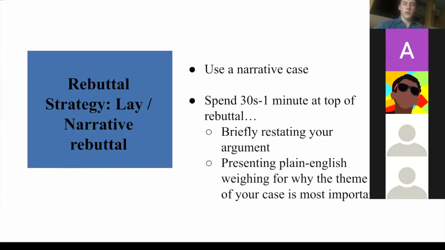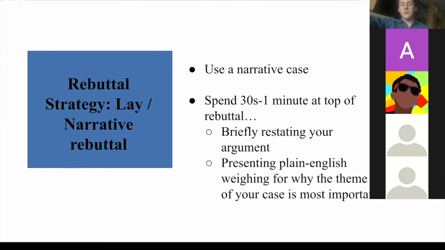The next thing you want to do is present plain English weighing. That's critical, right? No jargon, no reversibility, no this, no that. Plain English weighing for why your case is the most important, or why the theme of your case, maybe it's healthcare, maybe it's whatever, is the most important consideration in the round. And this should hopefully be directly comparative against the theme or the contentions that they are providing in their case.